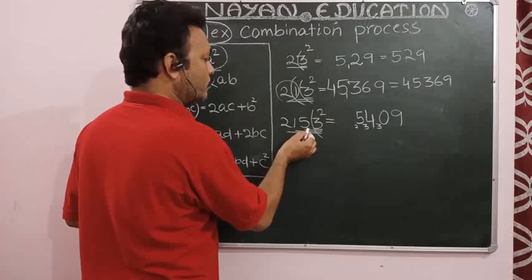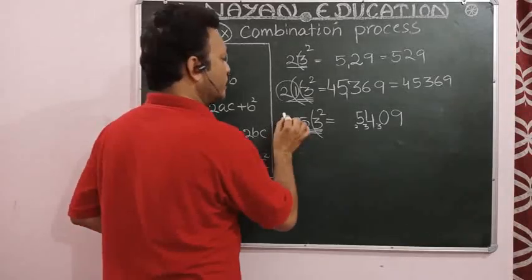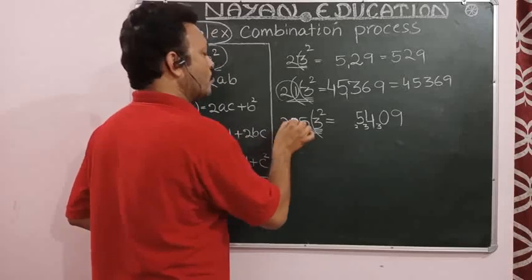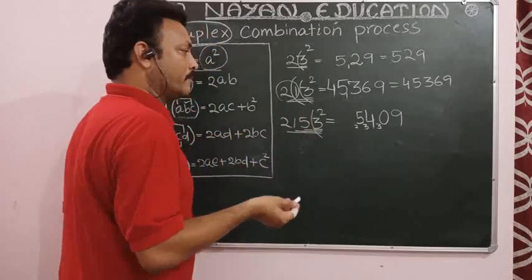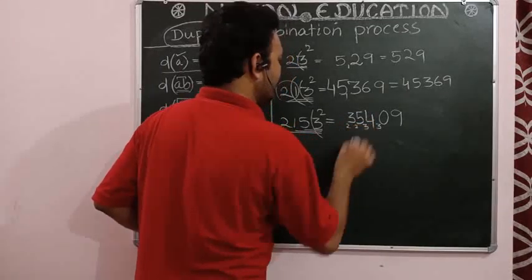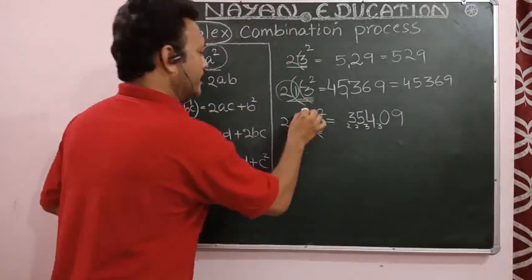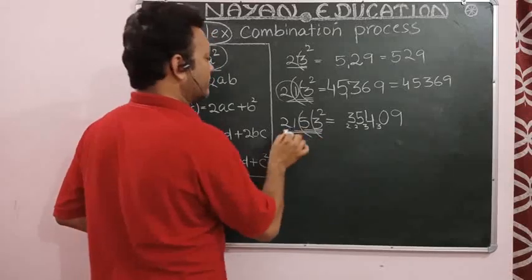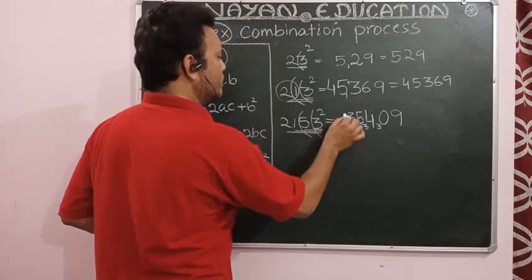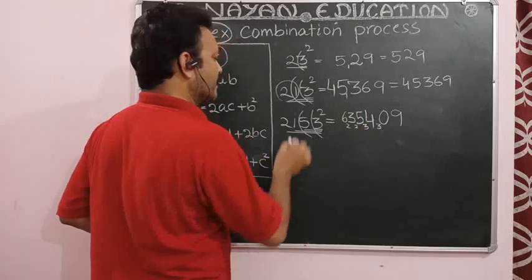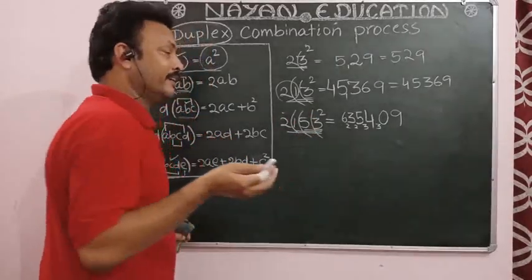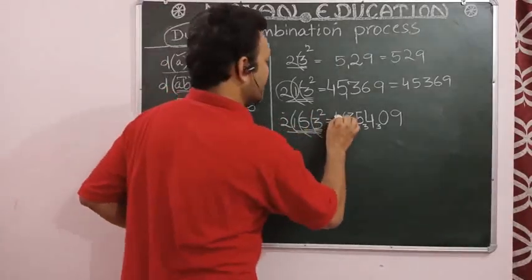What is the duplex of 215? 2 into 2 into 5, that is 20, plus 1 square, 21, plus 2, 23. Then leave 5. What is the duplex of 21? 2 into 2 into 1, that is 4. 4 plus 2, 6. Then again leave 1. What is the duplex of 2? Simply 2 square, that is 4.